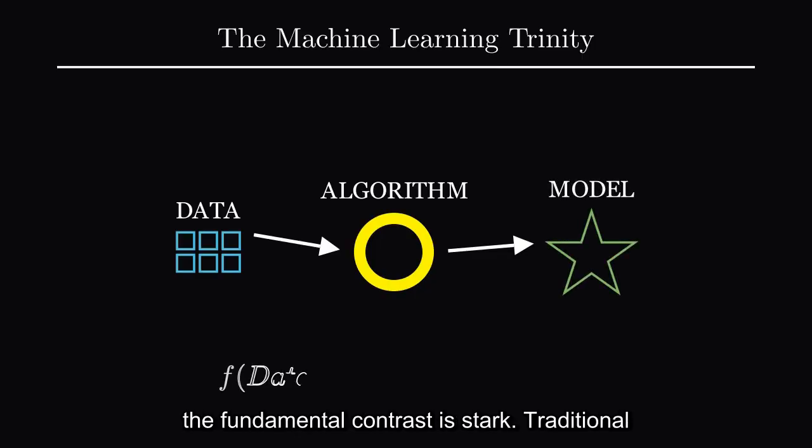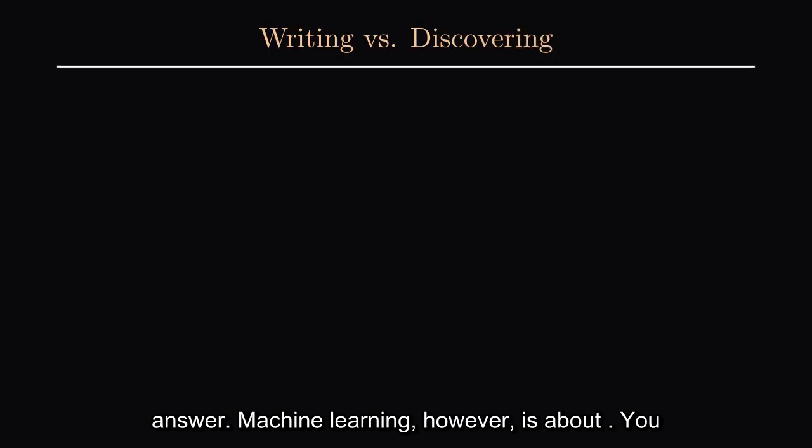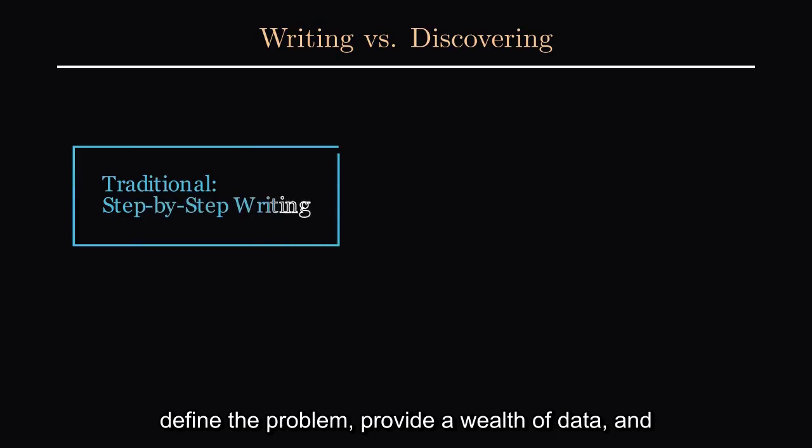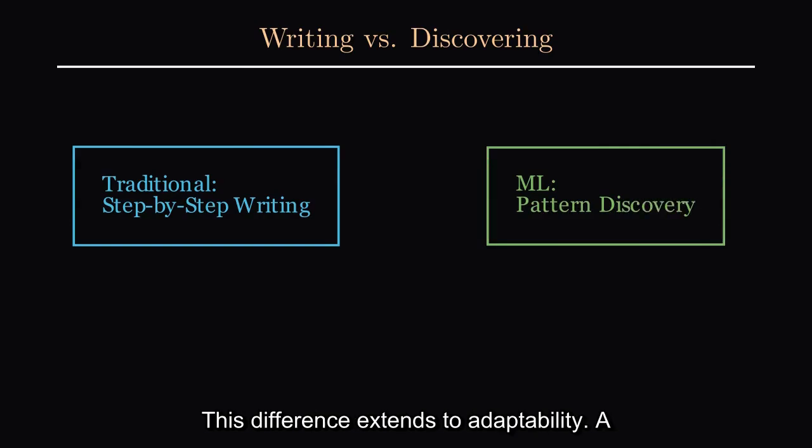So, the fundamental contrast is stark. Traditional programming is about: you define the problem, and you meticulously write the steps to arrive at the answer. Machine learning, however, is about: you define the problem, provide a wealth of data, and the machine discovers the underlying logic itself. This difference extends to adaptability.